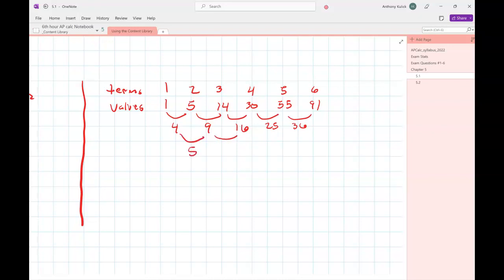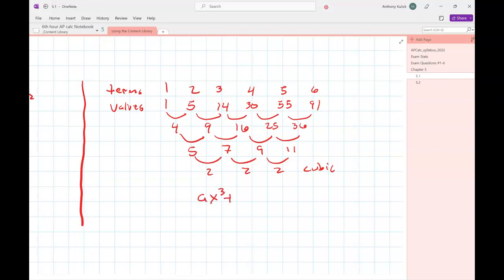We look at the second common difference. They're all different, so it's not a quadratic relationship. We look at the third common difference. It tells us the relationship that we're looking for is cubic.